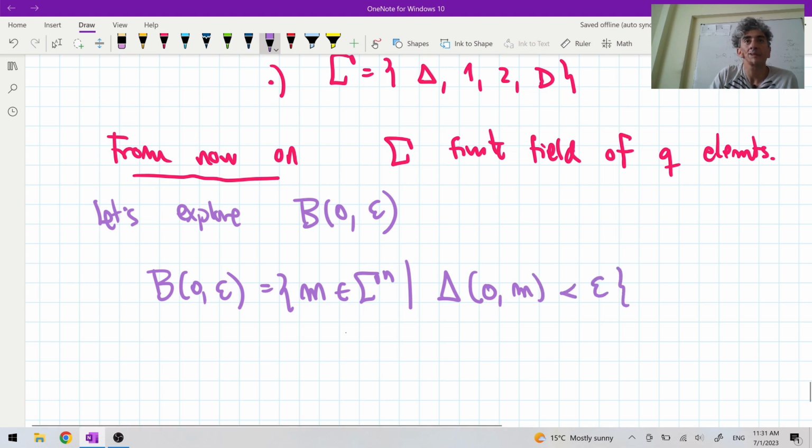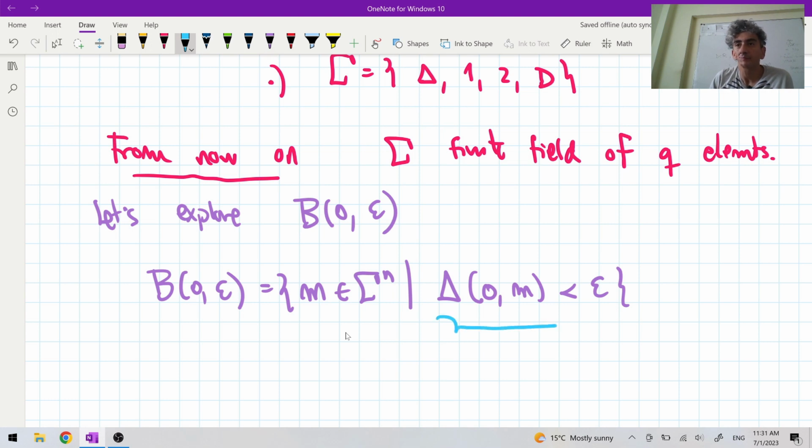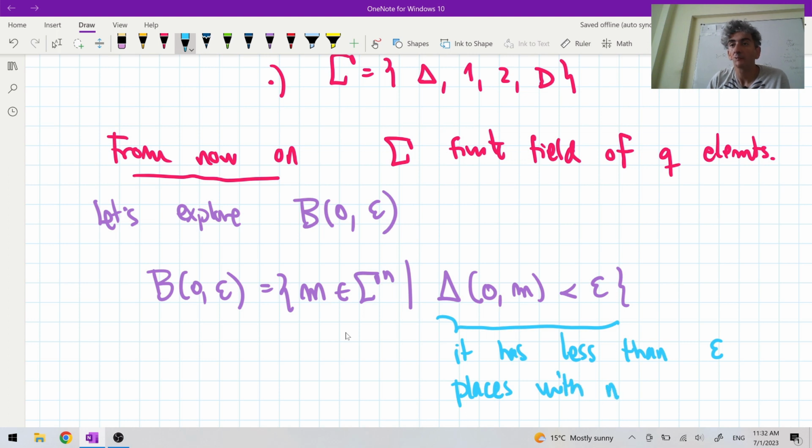Okay, and what does this mean? It has less than epsilon places with non-zero entries.